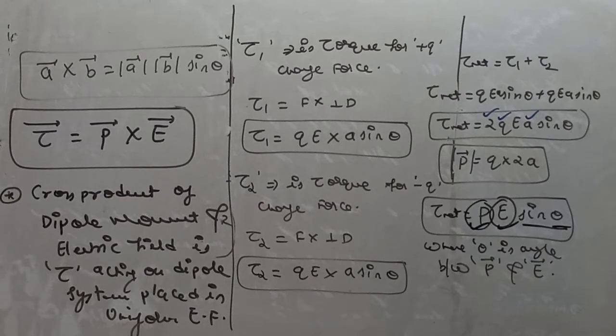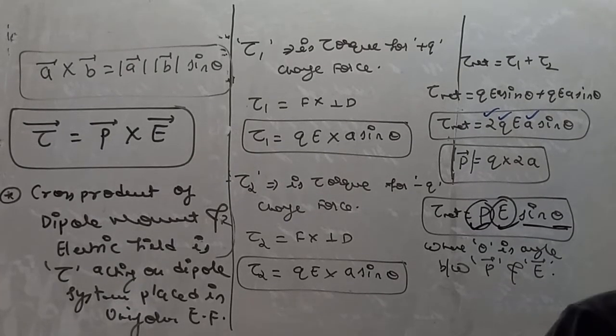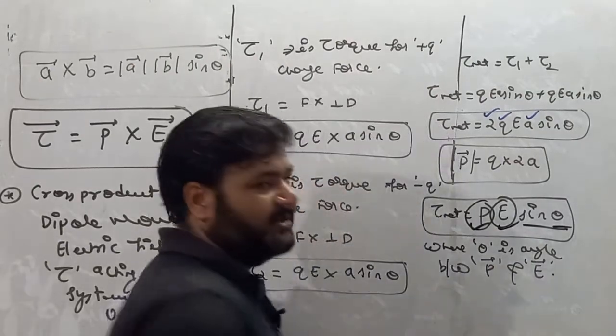So I'll write dipole system is placed in uniform electric field, then it is defined as cross product of dipole moment and electric field is torque acting on dipole system placed in uniform electric field. I hope you all understand this concept.